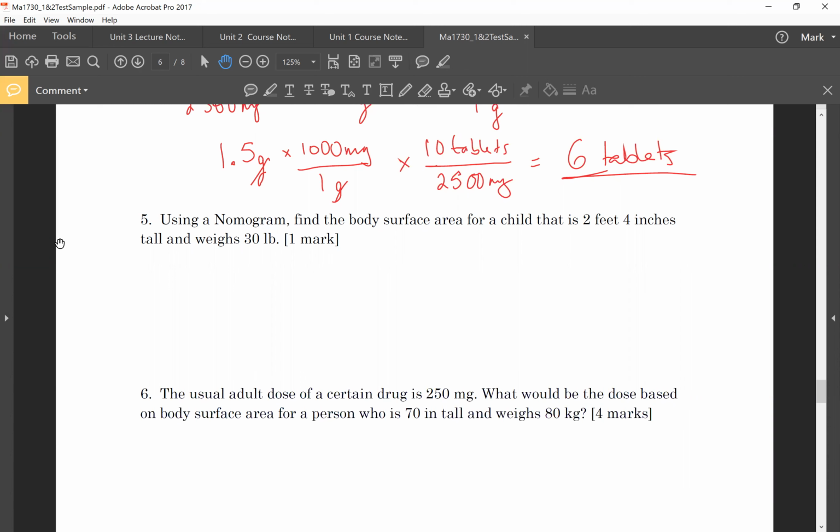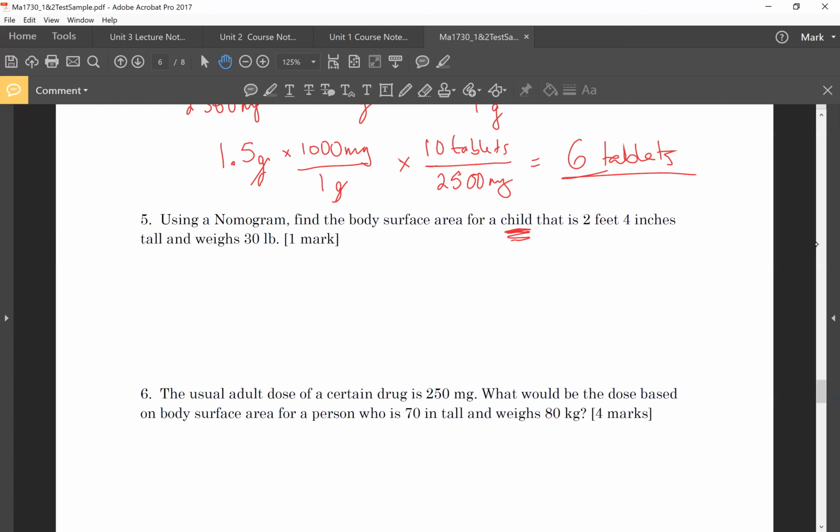Okay, number 5. Using a nomogram, find the body surface area for a child that is 2 feet 6 inches tall and weighs 30 pounds. A couple things that are really important here is that this is a child.